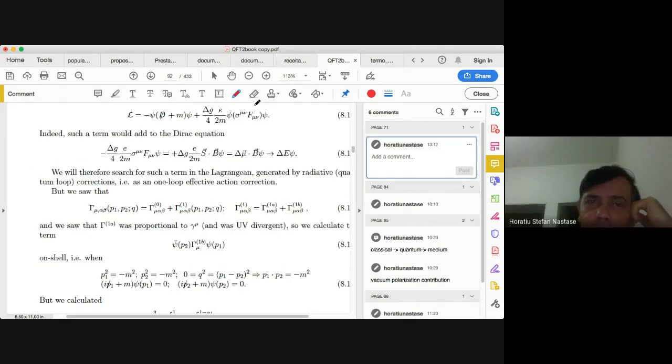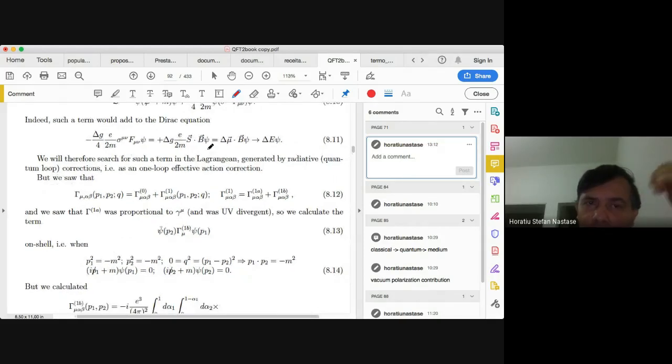But therefore, I want to find such an extra correction to the Lagrangian from quantum field theory, from loops, from radiative or quantum loop corrections.